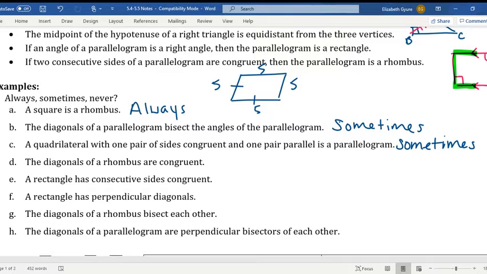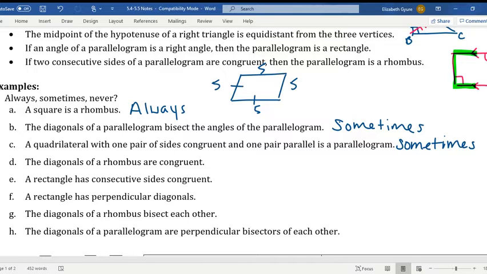A rectangle has congruent diagonals. Well, this is saying rhombus, though. So that's interesting. If it says rhombus, but it's a rectangle property, is it going to be always? No. So we just have to decide, is it sometimes or is it never?